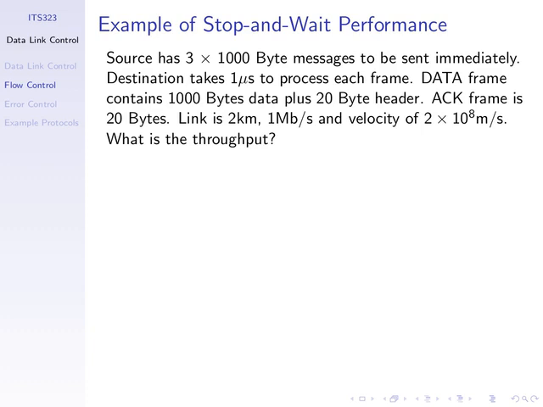At time 10, B started to receive data. Maybe we need to draw some more to cover this. How much real data per frame? That's the first part we need to know. 1,000 bytes of real data.